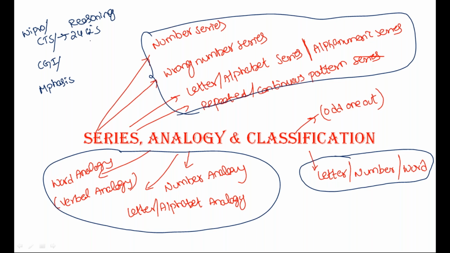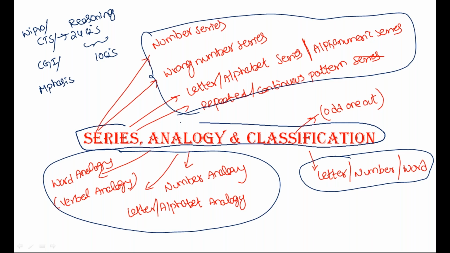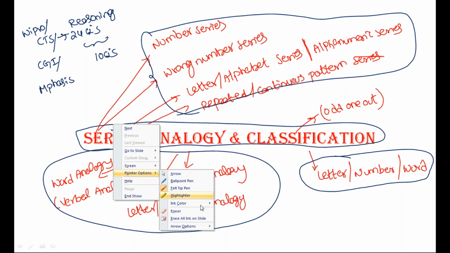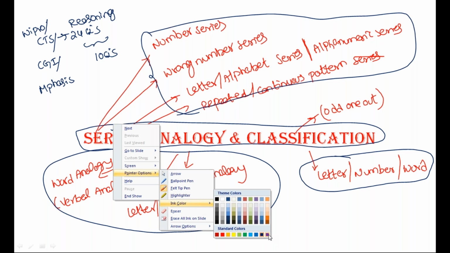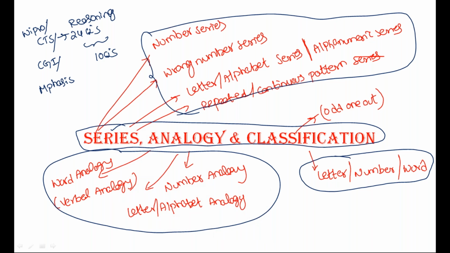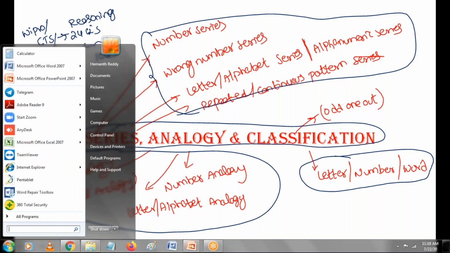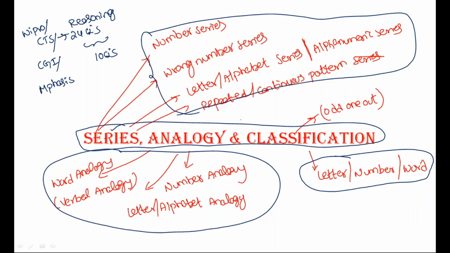Out of 24 questions, 10 questions are from series, analogy and classification, my dear friends. If you understand these, you can get even more than 10 questions, but I am giving the least chance. We'll get 10 questions. As I mentioned, we'll discuss some CTS model papers going forward, so stay with us. Hope you're clear till now.